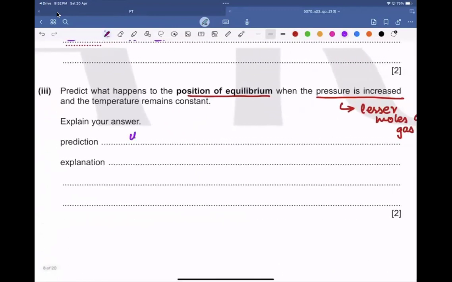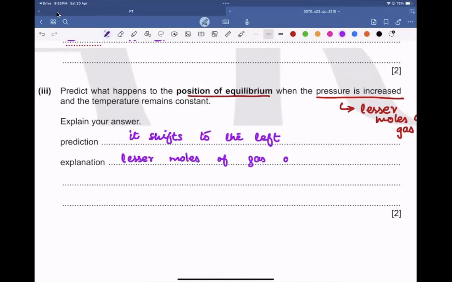So it shifts to the left, and the explanation would be, you can write lesser moles of gas at reactant side or at left side. Is this clear to all of you?